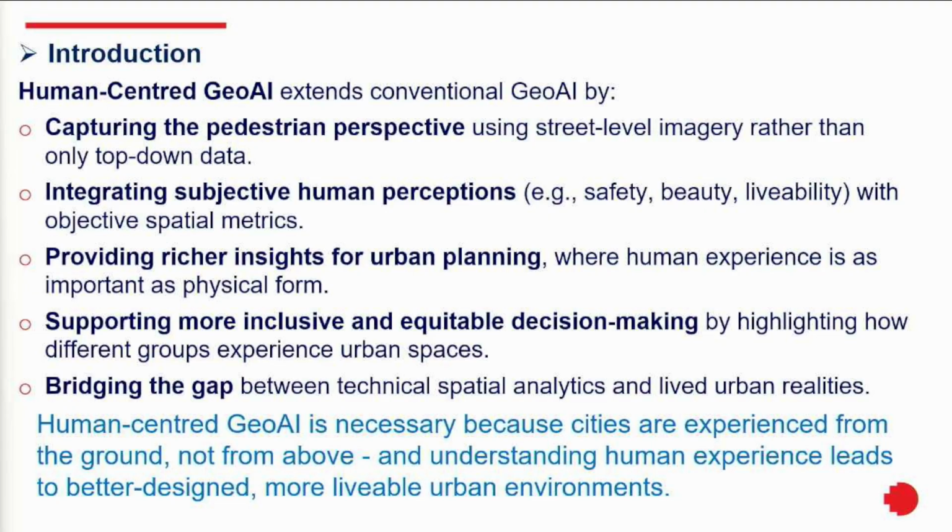It also integrates subjective human perceptions. For example, the imagery may be uploaded with people's feelings: if I'm feeling happy, I take some photos and upload them to an open source platform, right? And it also includes objective spatial metrics, which we can use for spatial analysis to support decision making.